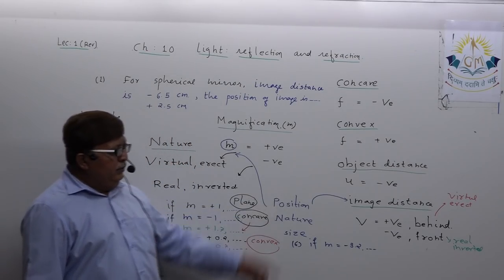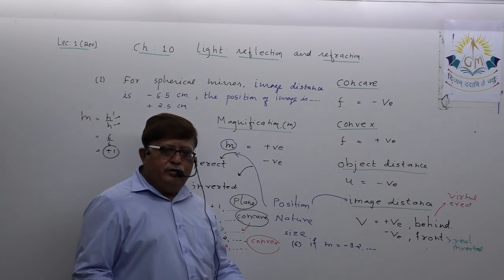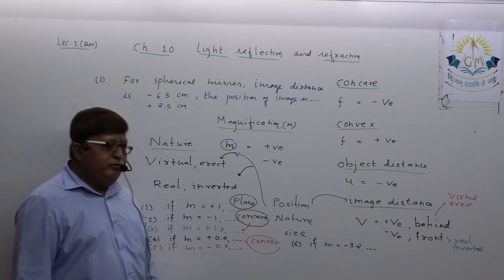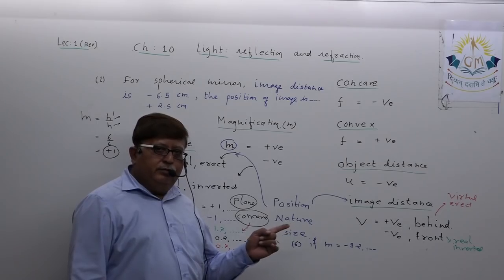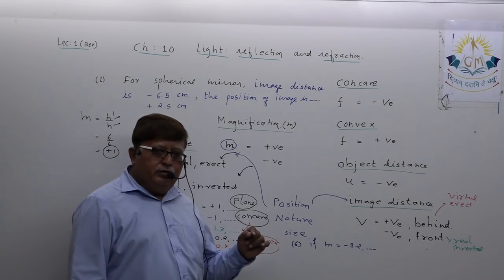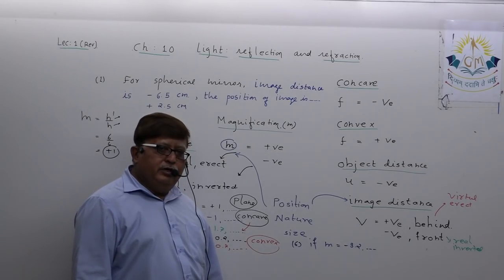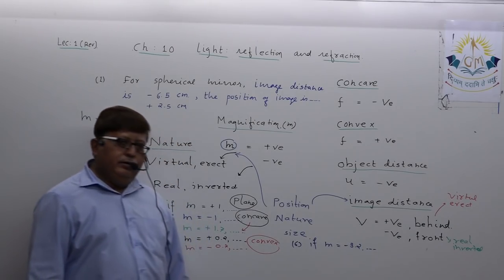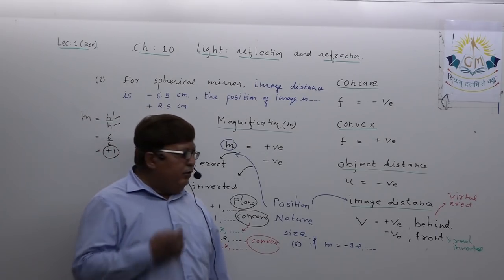For any mirror, object distance is always negative as per Cartesian sign conventions. Image distance will give you an idea regarding position and nature of the image. Plus, behind the mirror, virtual and erect. Negative, in front of the mirror, real and inverted.